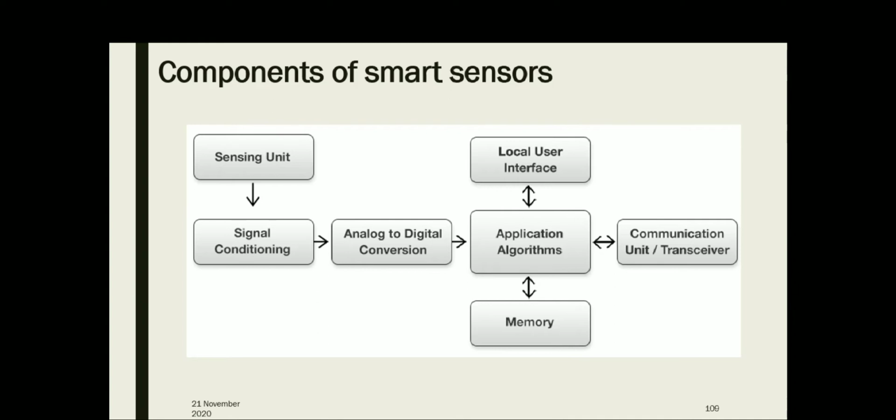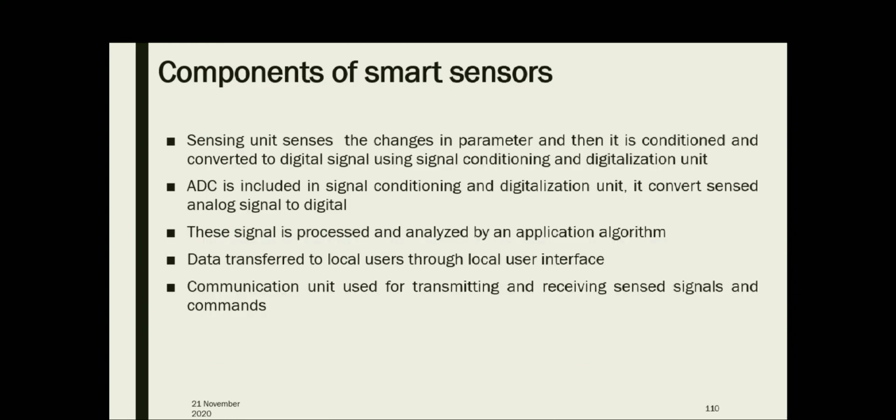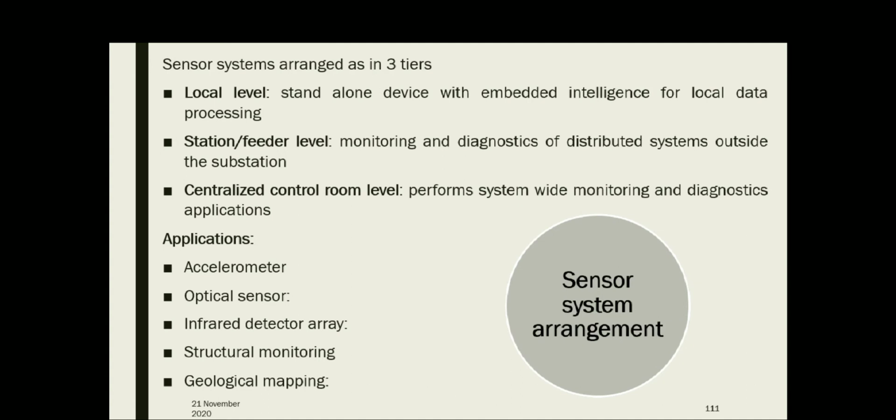The communication unit is used for transmitting and receiving sensed signals and commands. So this is a basic block schematic of a smart sensor. The sensor system is arranged in three tiers: local level, station or feeder level, and centralized control room level in a smart grid structure.